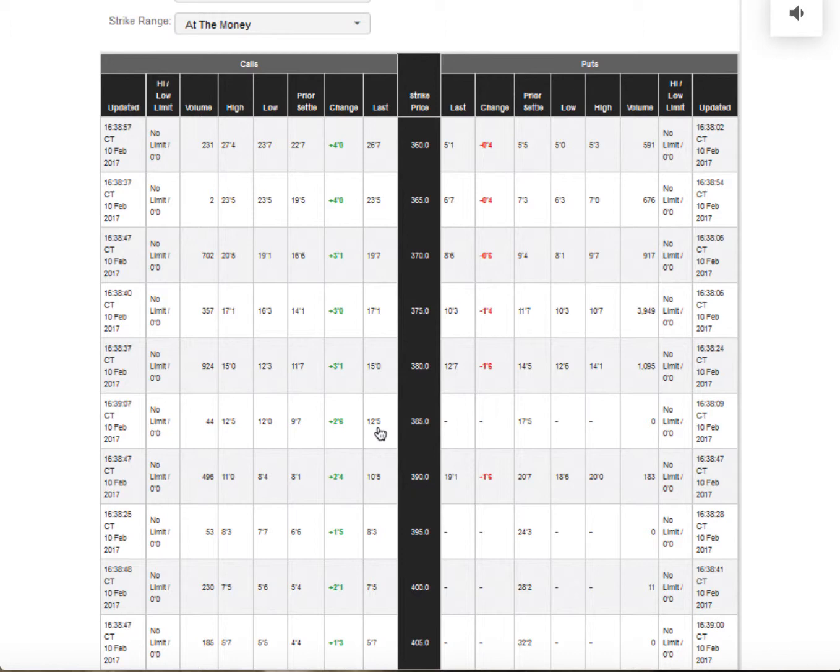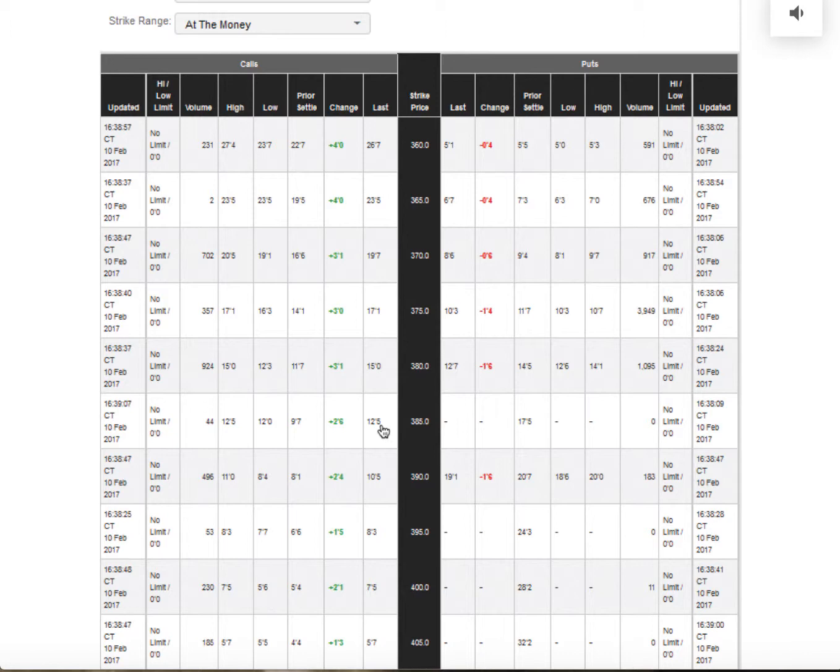Well, 12,5 means that basically each of these calls sells for 12 cents. The comma represents an eighth of a fraction. So we could say the 385 strike is really going to sell for 12 cents plus 5/8 of a cent.